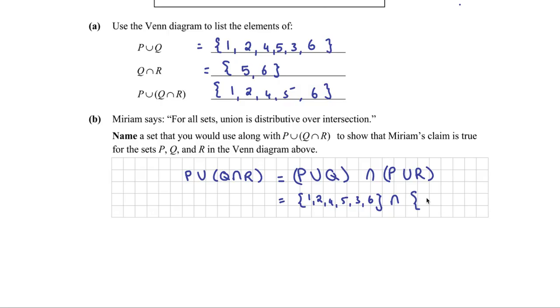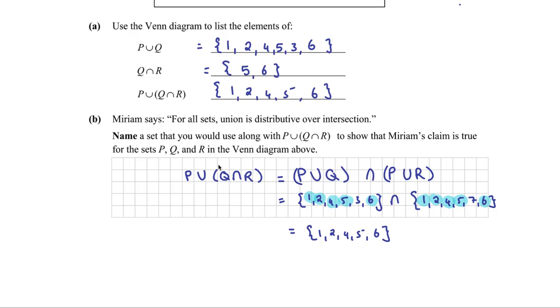If we look for this now, what's the intersection? So the intersection of them are the elements that they have in common. So both of them have 1, both of them have 2, both of them have 4, both have 5, both have 6. So if I write that out, the intersection of them is 1, 2, 4, 5, 6.